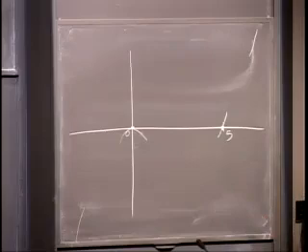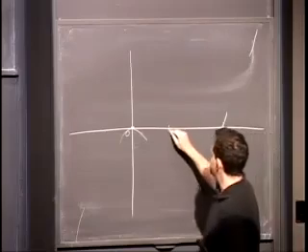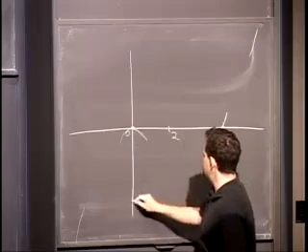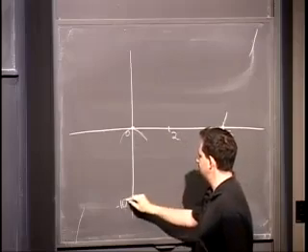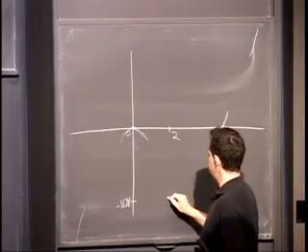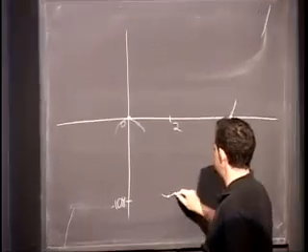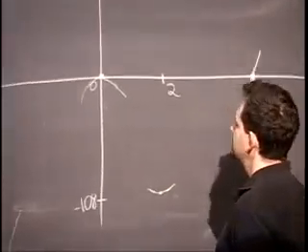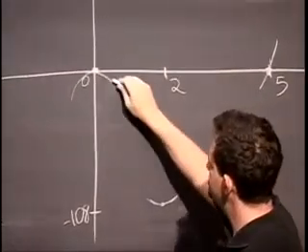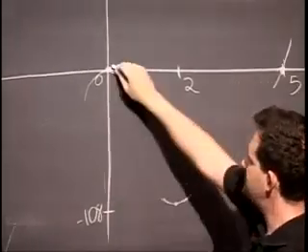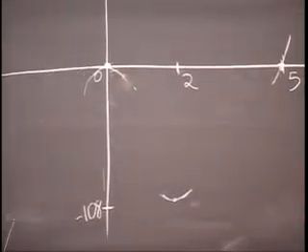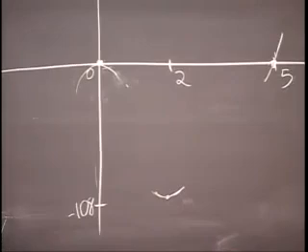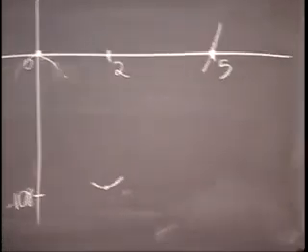What else do we know? We knew that there is a local minimum at x equals 2, and that the y-coordinate there is minus 108. So this is not to scale on the same scale on both axes, obviously, because that's 108 and that's only 2. But we also know that there's a horizontal inflection point at x equals 5.